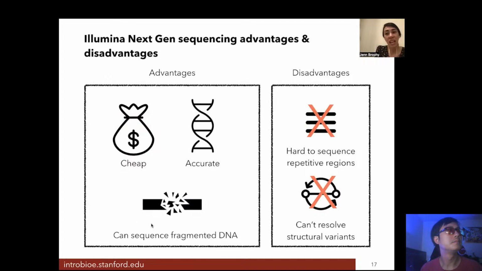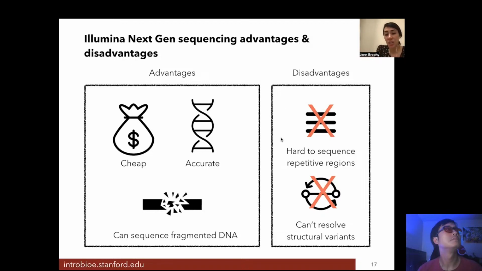So if you have DNA that's old and already pretty broken, or you have a sample that hasn't been treated very well, maybe it was left in a hot car, or you were trekking from your deep sea adventure and had to take that DNA on a plane and get it home, things can happen that break down your DNA, and Illumina is still pretty good at sequencing even fragmented DNA, because it's going to break the DNA into pieces anyway at the beginning of the library prep.